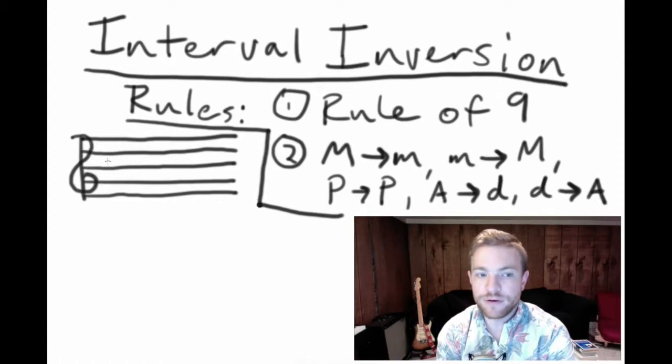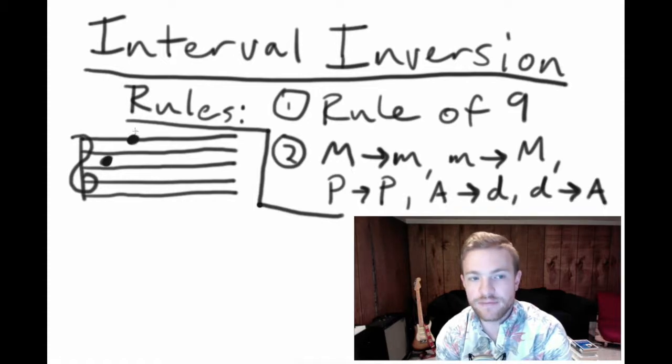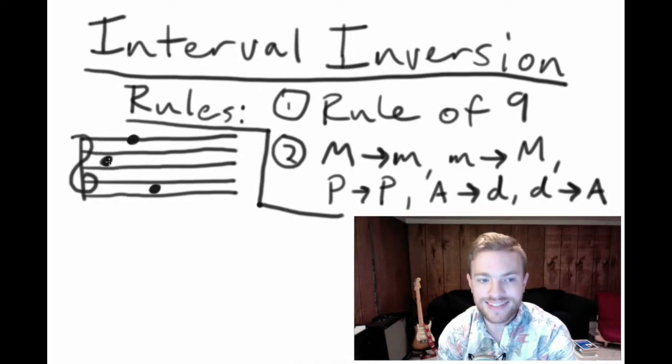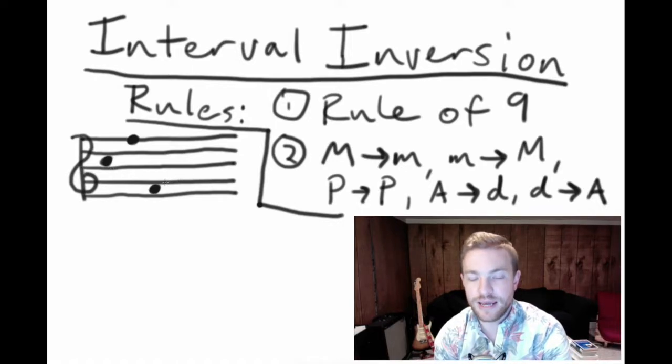The example that I gave in the first video was that if we had a C right here and the F above the C, this interval has one name, whether we measure from the C to the F or the F to the C. But if we were to take this F and move it down into another octave, so kind of leapfrog the C to put the F on the other side of the C, then the interval between this lower F and the same C has a different name, right?